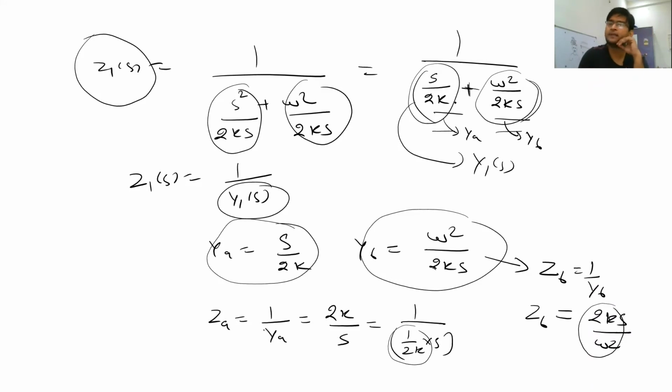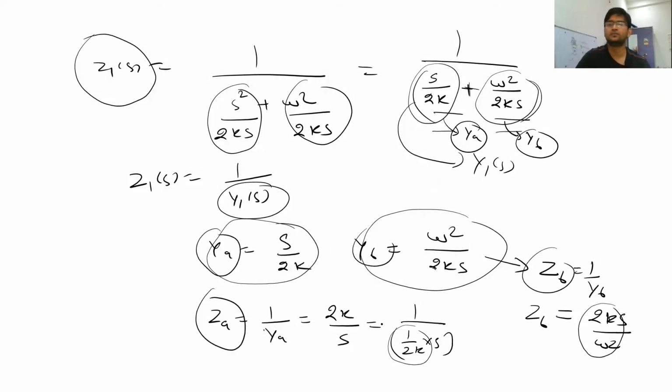So what are these parallel branches? For finding these, I have converted YA and YB into corresponding ZA and ZB, which came out to be one capacitor and one inductor. So what you are going to get is Z1 as a parallel combination of one inductor and a capacitor.